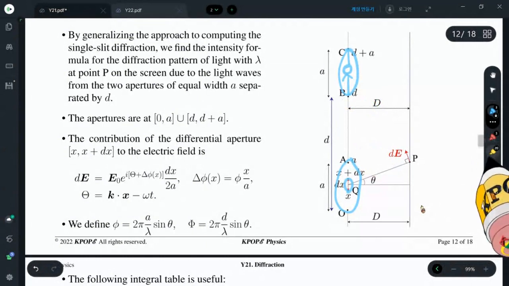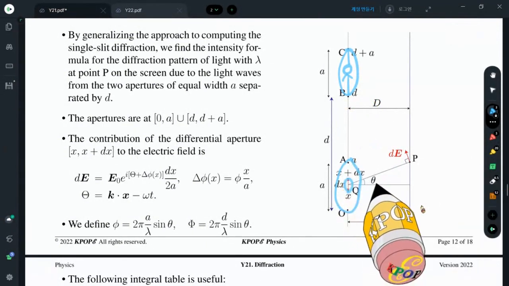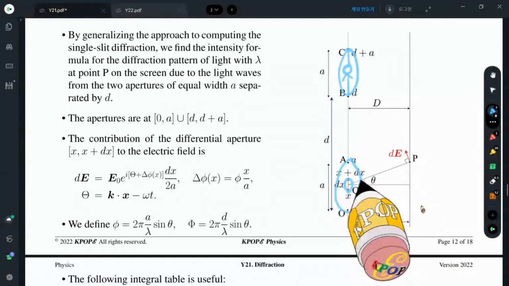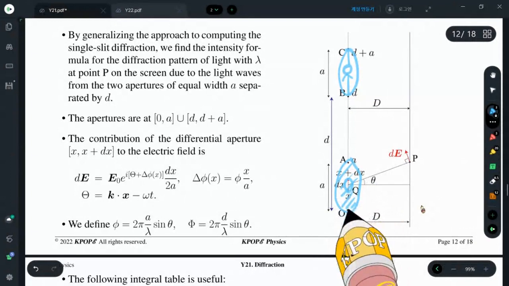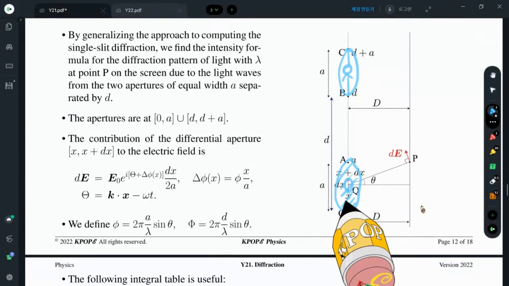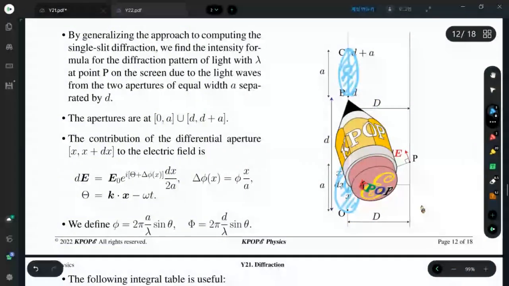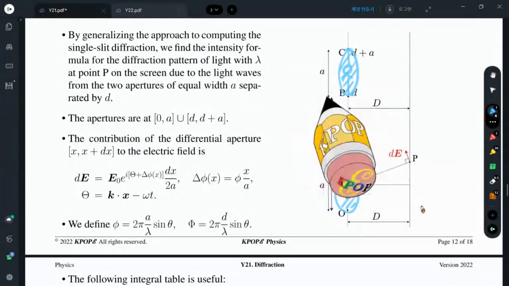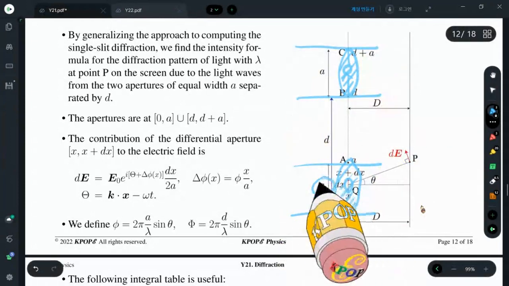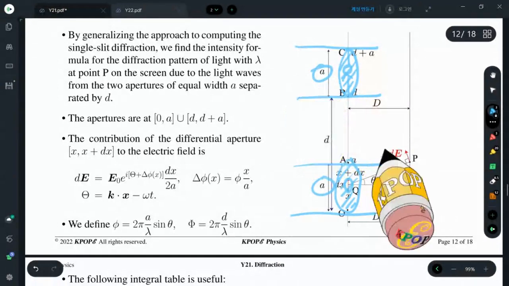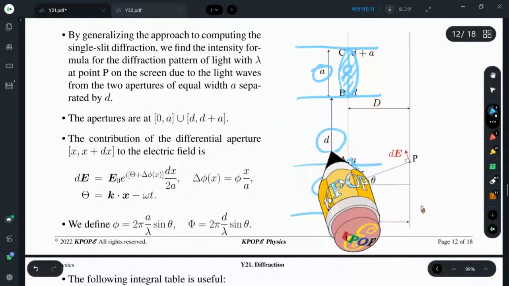However, we can apply the same method to compute the interference pattern of light passing through a single sizable aperture. We do the same job with the two slits. The same is true, except that we have identical apertures of size a, and they are separated by a distance d.